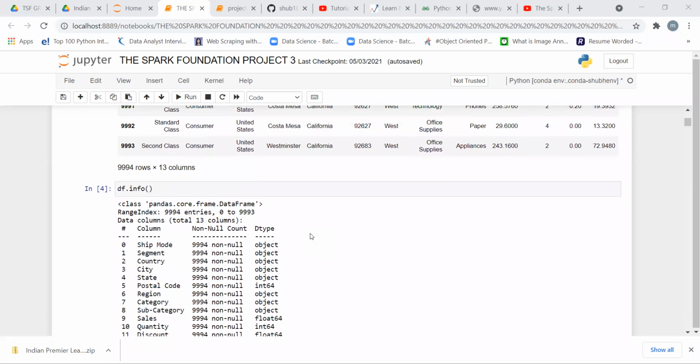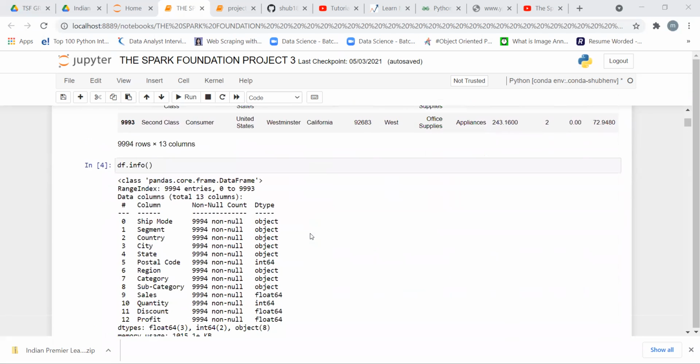If we want the information of this data set, we use info to check whether we have a null value or not.